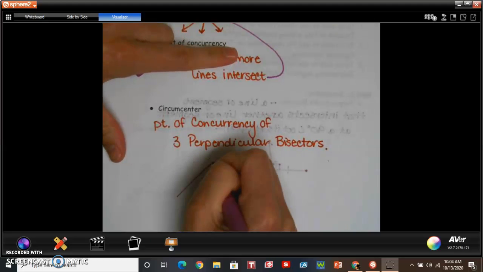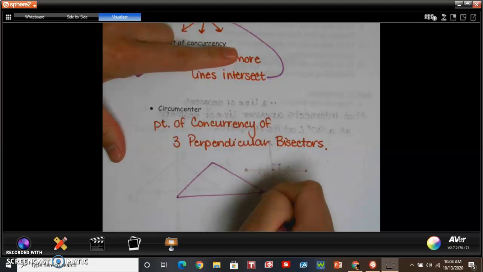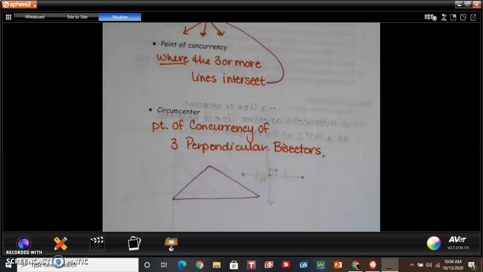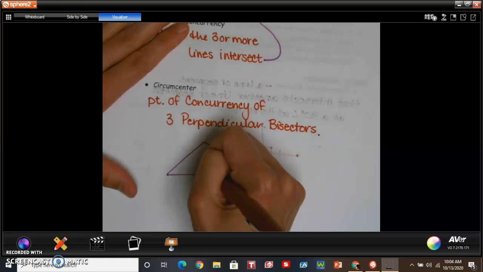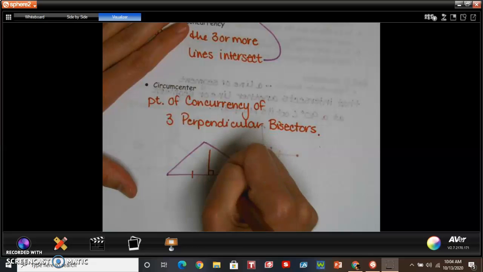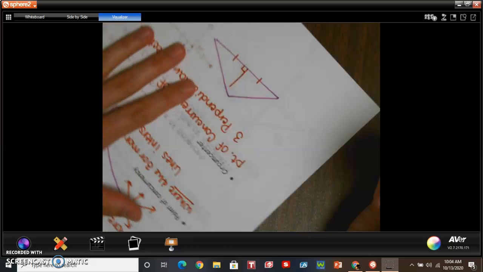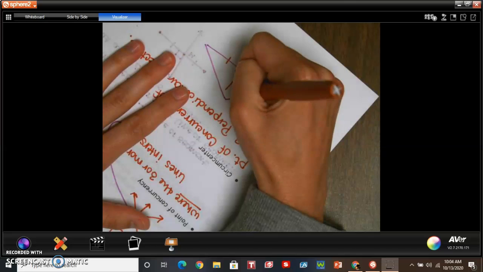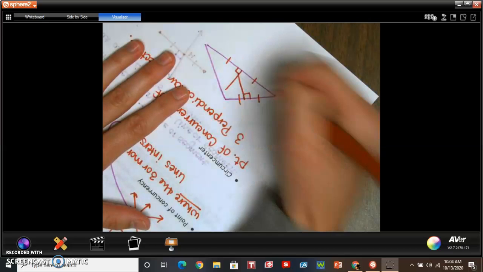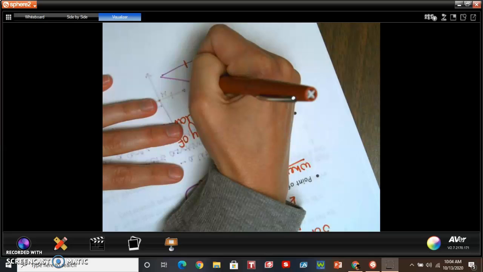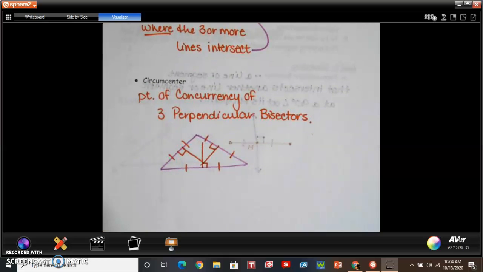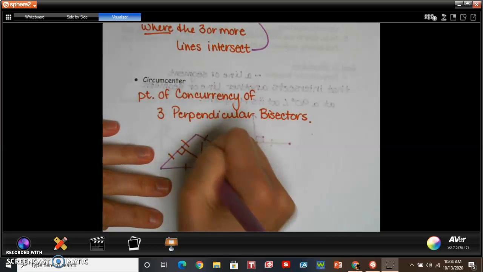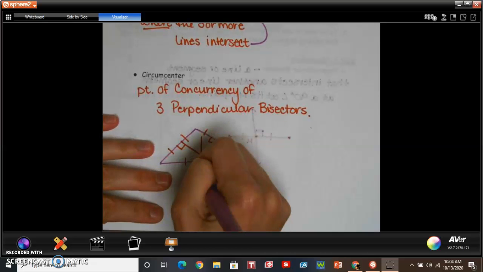All right. And let's say we have 3 perpendicular bisectors. So we have this one here. All right, and we have this one here, and we have this one here. This point where they all connect, where they all intersect, that is called its circumcenter.